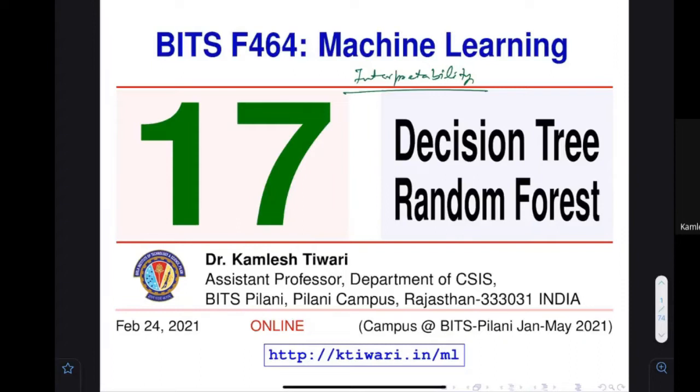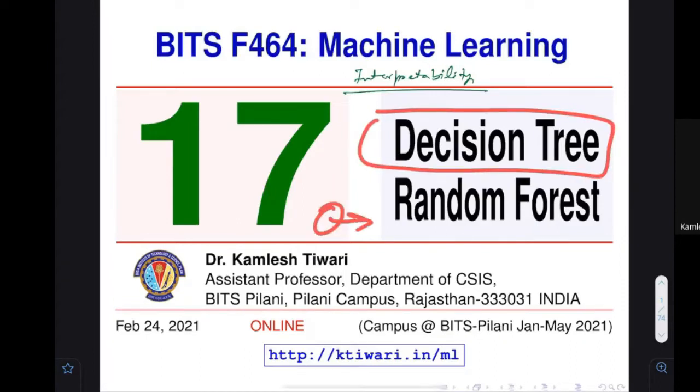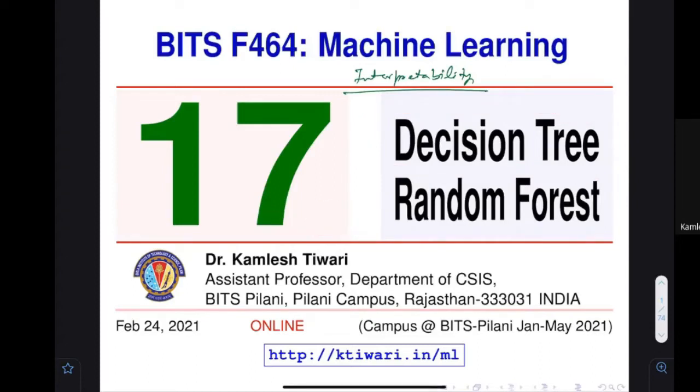For example, if you have a model that does some kind of classification, say somebody goes for a medical treatment, and the model tells that it looks like you have a particular kind of problem, how has this decision been arrived at by the model? If you want to understand that part, called interpretability, decision tree is one of the best models, and most of the time people want to use these kinds of models.